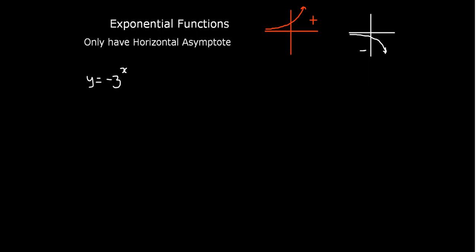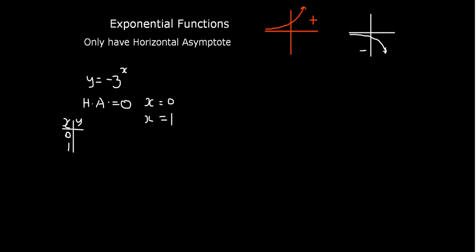We want to see what the graph will look like. Our HA will also be equal to 0. This is x and this is y. We say x must be equal to 0, and secondly, x must be equal to 1.